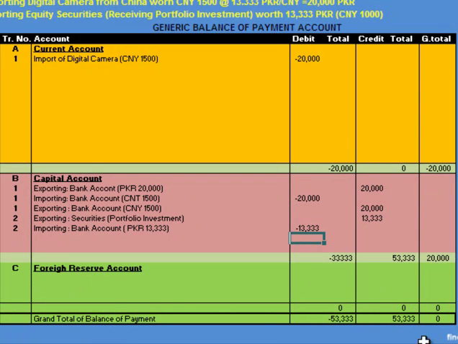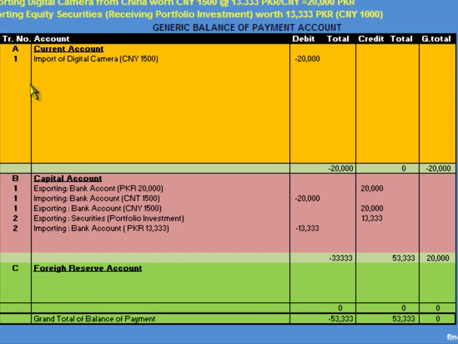Balance of payment as a whole is balanced, but there is a deficit in current account, so we can say that balance of payment is in deficit. But actually what we are referring towards is the deficit in current account, because balance of payment is always balanced, but there might be a surplus or deficit in current account of balance of payment.